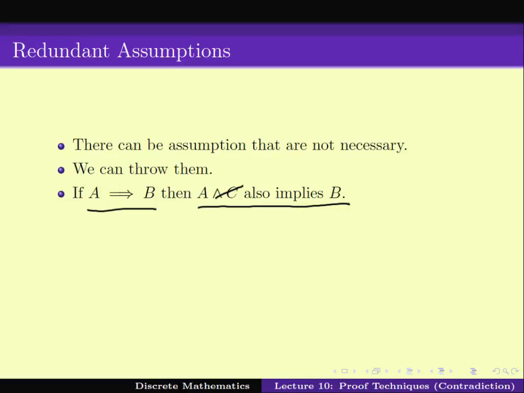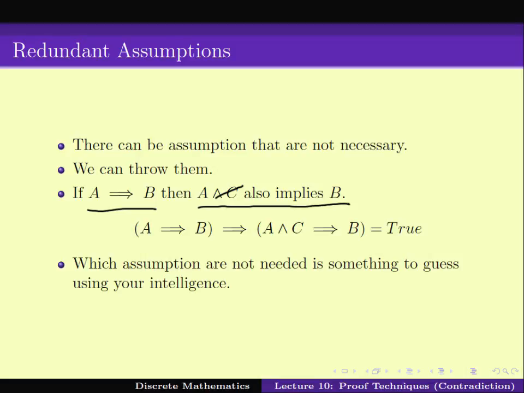Thus, given the set of assumptions, one has to find out what is the actual subset of assumptions that might be useful. The rest of them can be thrown away. So in other words, A implies B is good enough for A and C implies B. Again, which assumptions are needed and which assumptions can be thrown away depends on the problem, and you have to identify them using your intelligence.